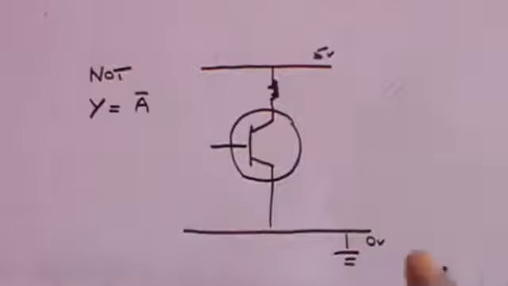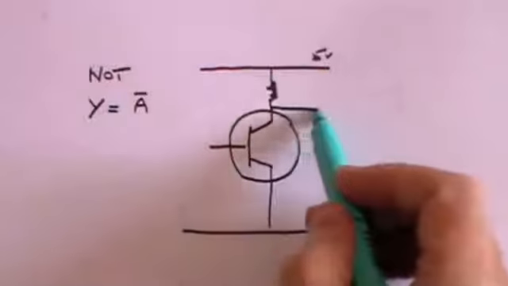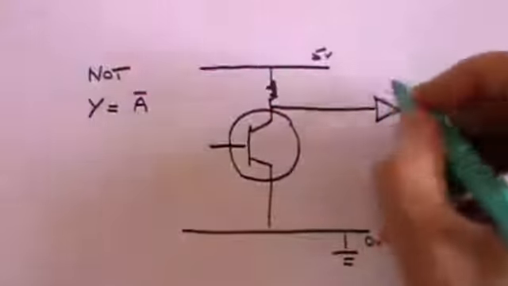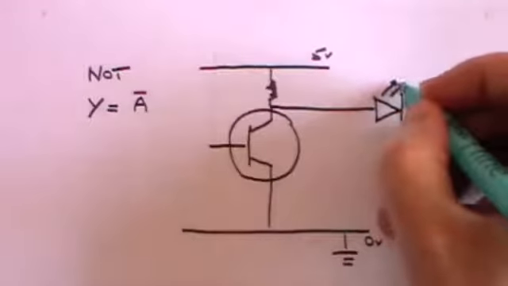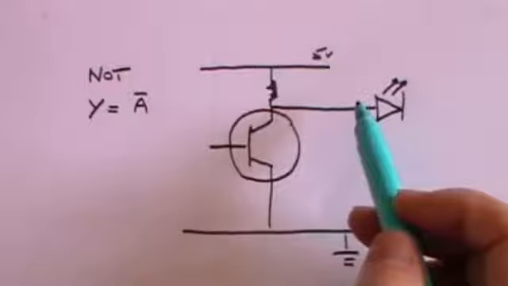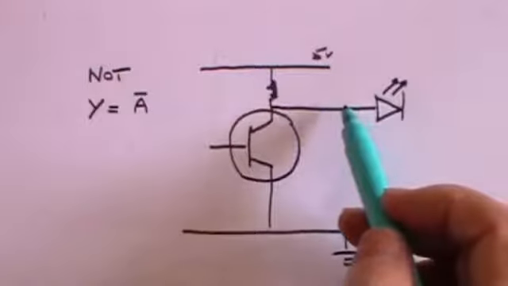And we've got an output that we'll take here to, say, a light emitting diode, so that diode will only light up if there is a positive voltage coming out of the output.